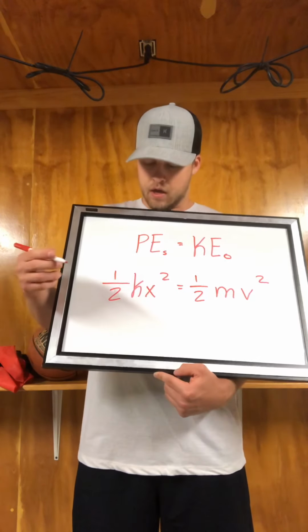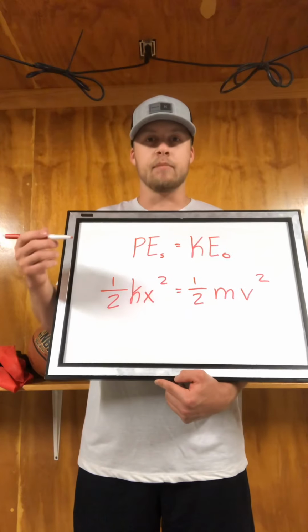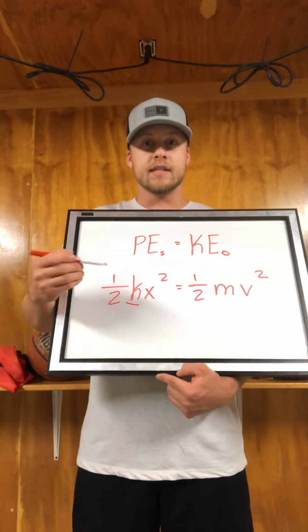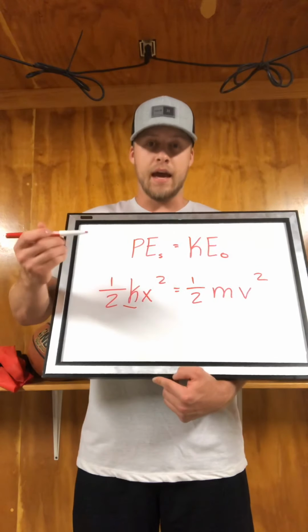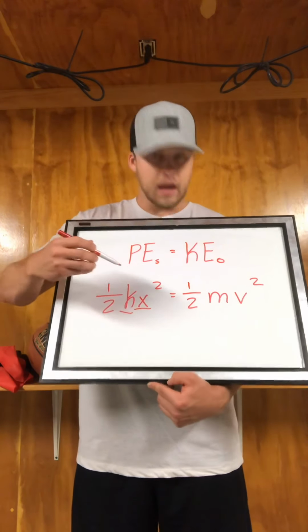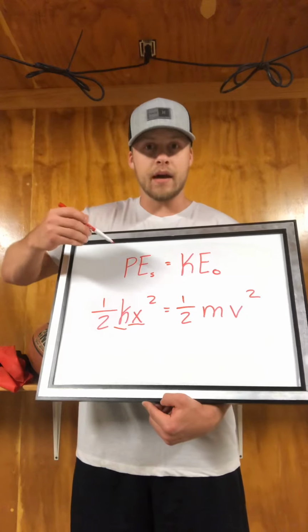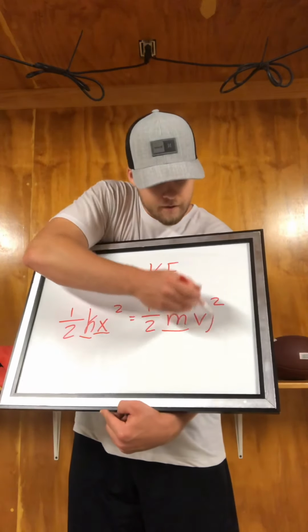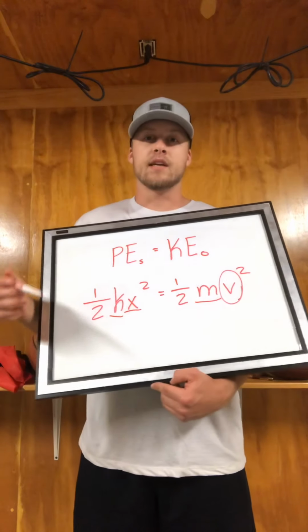So, if we know the resistance in the band, k, the distance that it was stretched back by me, x, and we weigh the object and find a mass, we can solve for the velocity as it comes off the band.